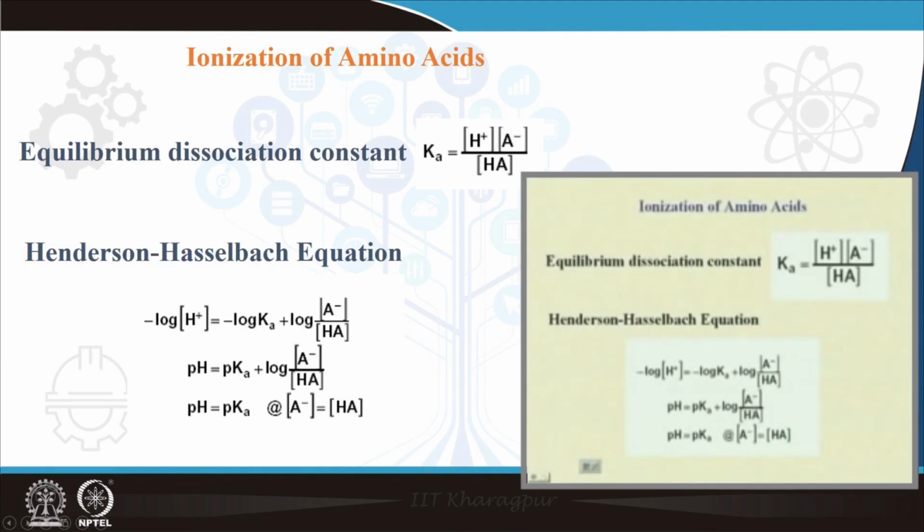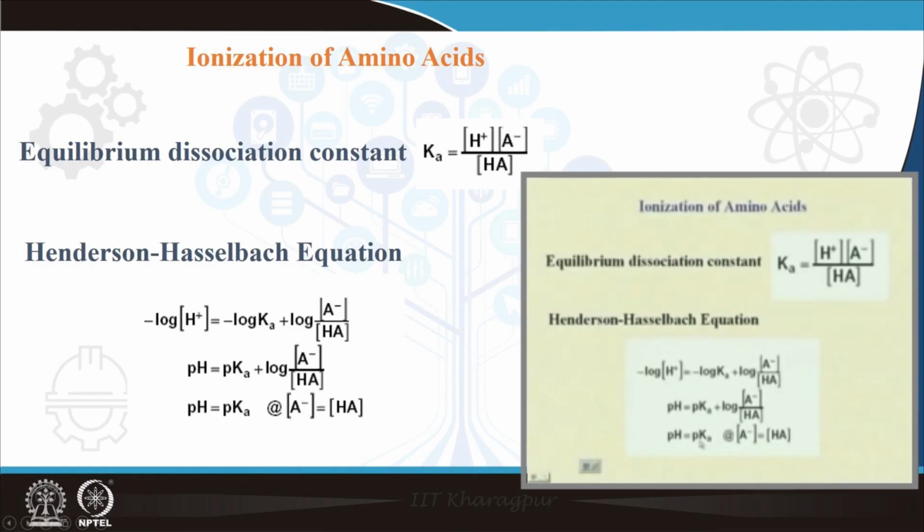And if the concentration of these two are equal, it means I have equal amount of undissociated and dissociated forms, then this is going to have a ratio of 1, making the logarithm 0, and my pH is going to be equal to pKa, right? So what are we considering here?